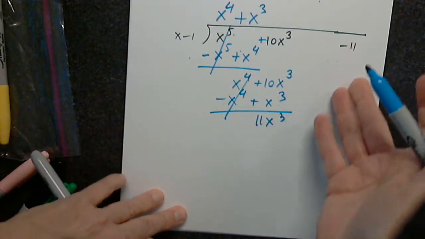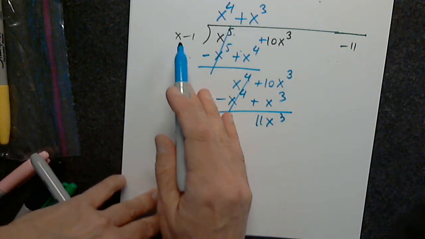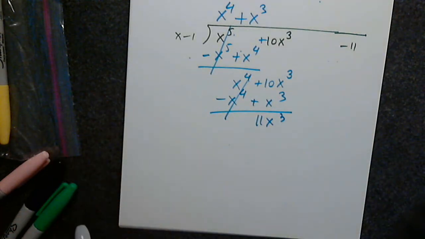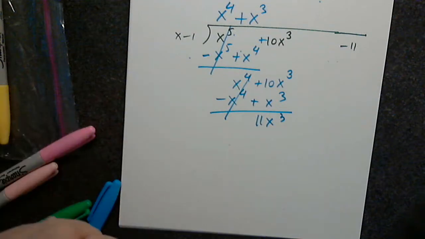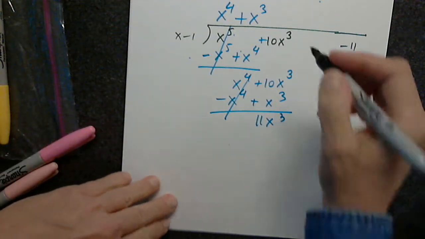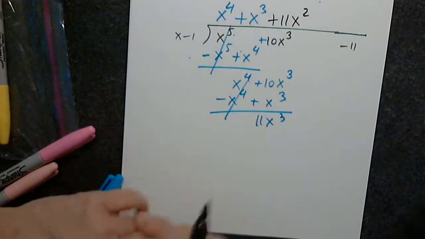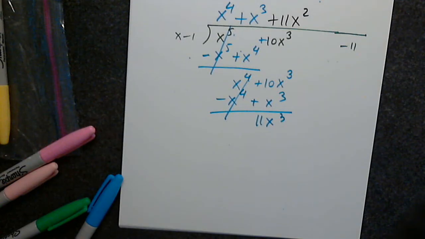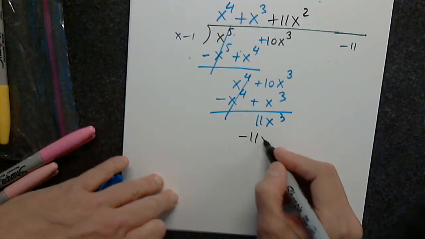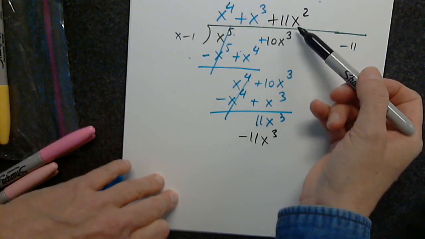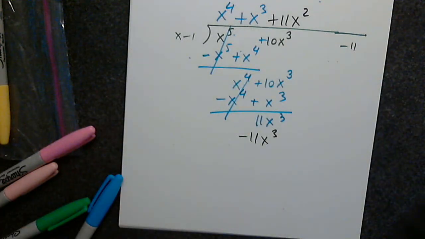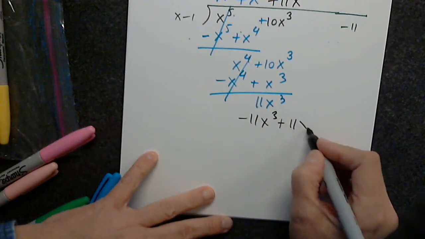I can't bring this down just yet. X times what is 11x cubed? Sign, please. Perfect. 11x squared times x is 11x cubed, subtract. 11x squared times negative 1, negative 11x squared, we subtract.